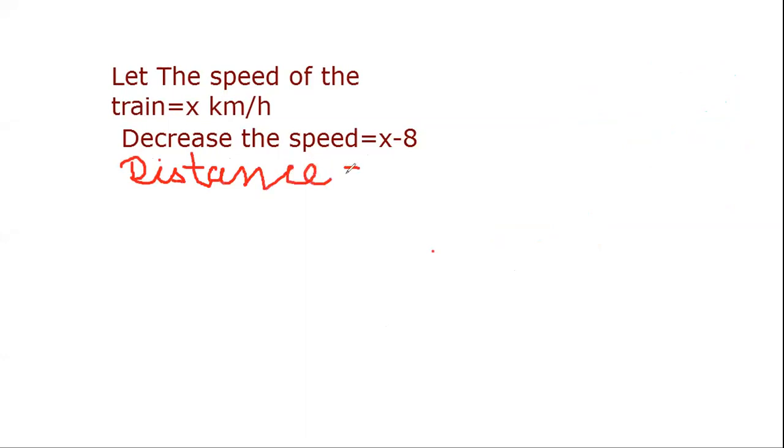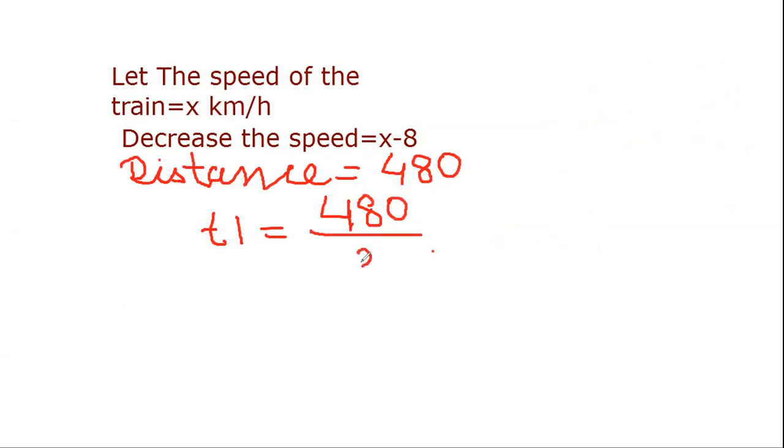Now in case number 1, when your speed is x kilometers per hour, suppose you have taken t1 time, then t1 equals 480 upon x. Okay, when your speed is 8 kilometers per hour less, suppose you have taken t2 time, then t2 equals 480 upon x minus 8.